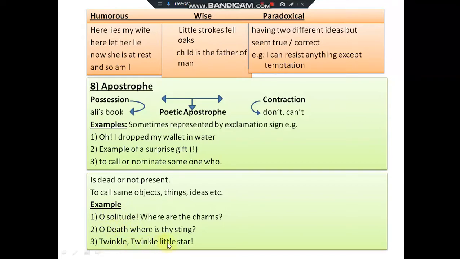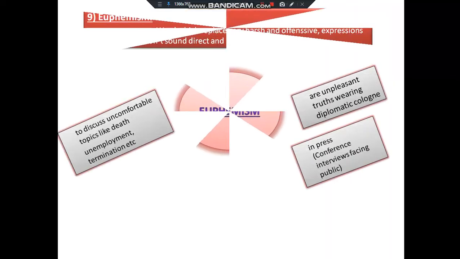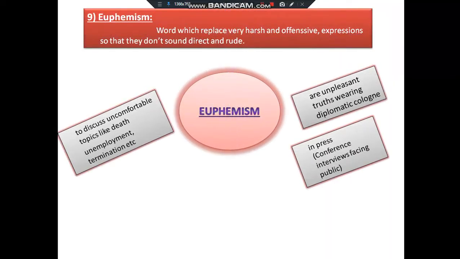Then twinkle twinkle little stars, again we use this as an apostrophe here. It means that he is talking about an exclamation as well. He is calling, nominating the stars with the use of twinkle twinkle. And you have already read and studied in your first year that whenever you nominate someone, whenever you call someone or something, you use this comma.